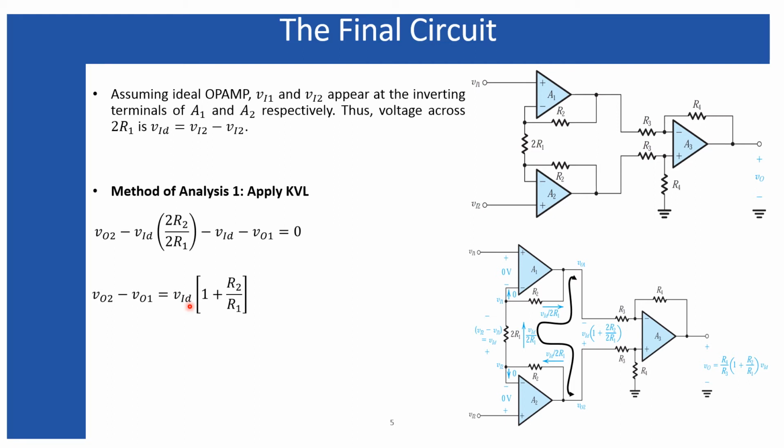The overall output V0 is equal to the difference between its two terminals times R4 divided by R3, because as I explained in my previous lecture, by using equal resistors we can design a difference amplifier. So here is the amplifier which provides the output in terms of the difference of the inputs available at its two terminals.